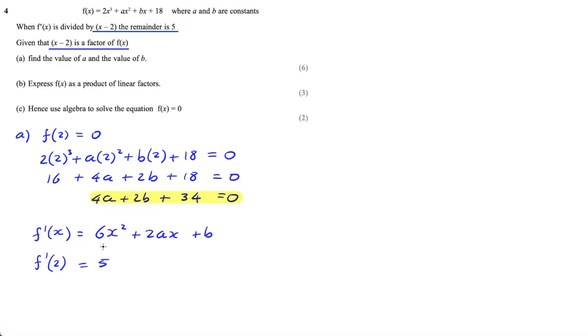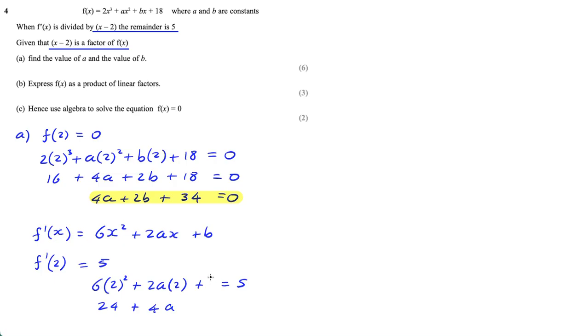Okay, so when I sub in 2 in there, I'm going to get 6 times 2 squared plus 2a times 2 plus 6, and that was equal 5. Okay, that's 4 6s is 24 plus 4a, 24 plus 4a plus, sorry, it's not a 6, is it?